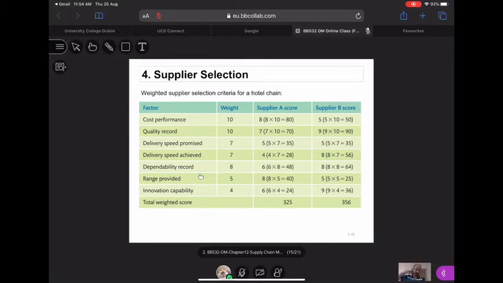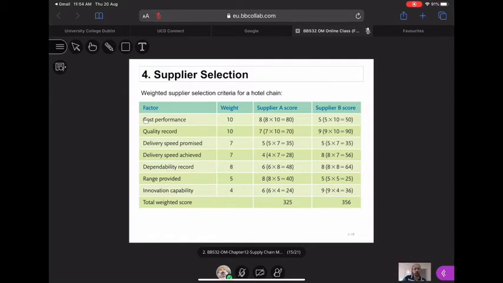Okay, so let me very quickly tell you how companies can do supplier selection. What the company needs to do first is come up with some factors which are important to them when they buy materials from this supplier. Just say this company came up with 7 factors.